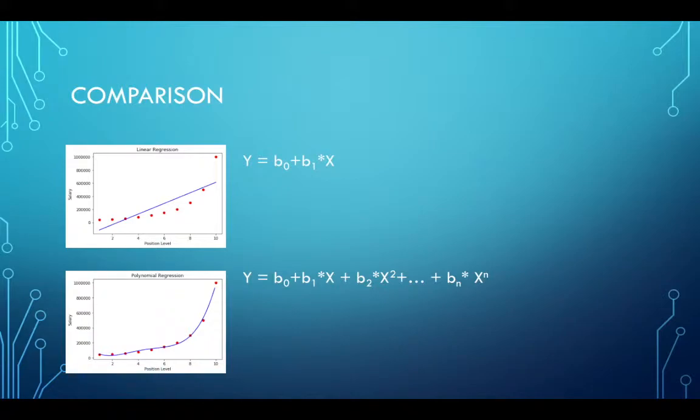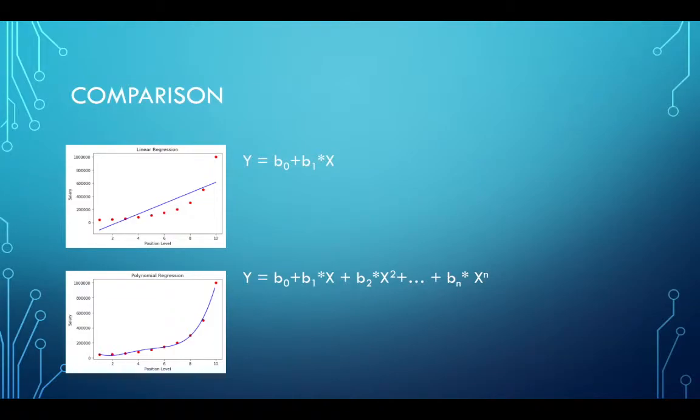Why is polynomial regression better than linear regression? It's only because of the data distribution and the equation. For linear regression, the equation is y equals b0 plus b1 times x. This will be a straight line.